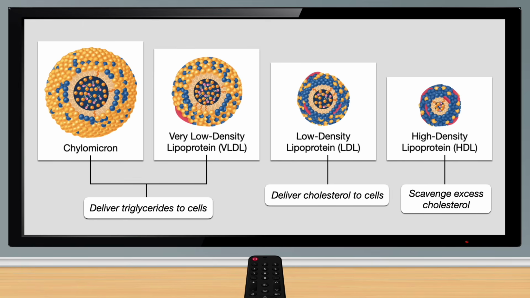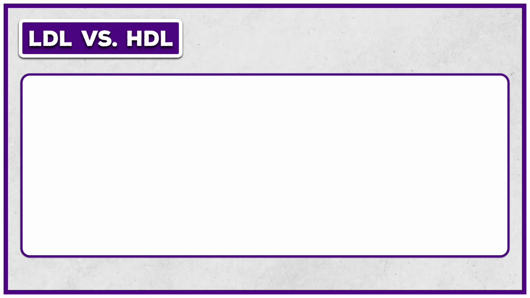The primary function of LDL is to deliver cholesterol to cells. And the primary function of HDL is to scavenge excess cholesterol from circulation. Chylomicrons are formed in the small intestine, and the remainder of the lipoproteins pictured here are produced by the liver. While all the lipoproteins are necessary, the LDL and HDL are the ones that receive the most attention. So, we'll finish the lesson by quickly comparing them.